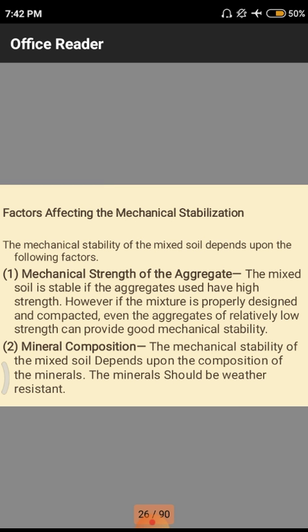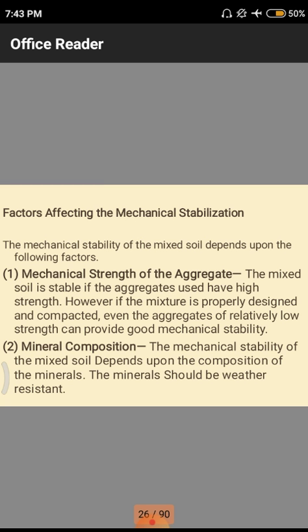In those particular cases, we will go for the stabilization of soil by using these aggregates, whether it may be coarse aggregate or fine aggregate or robo sand, according to the properties of the soil. The first condition is that we need to mix the soil. If the aggregates are very stable, we go for strength parameters. Why?